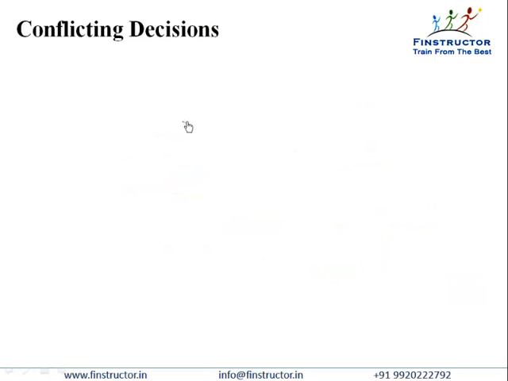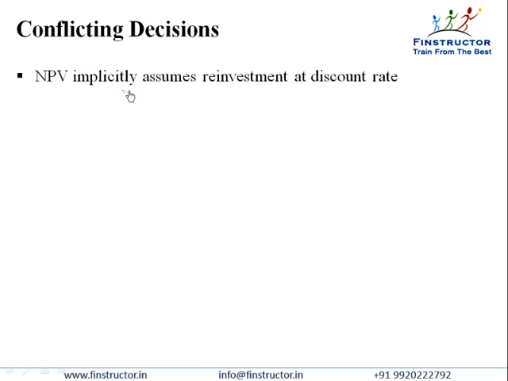So if we delve deeper into the assumptions made by the NPV and the IRR, we'll see that the NPV implicitly assumes reinvestment at the discount rate. It's because all cash flows are discounted back by the cost of capital or the discount rate.